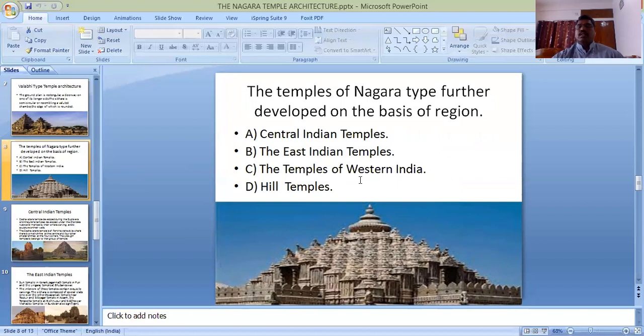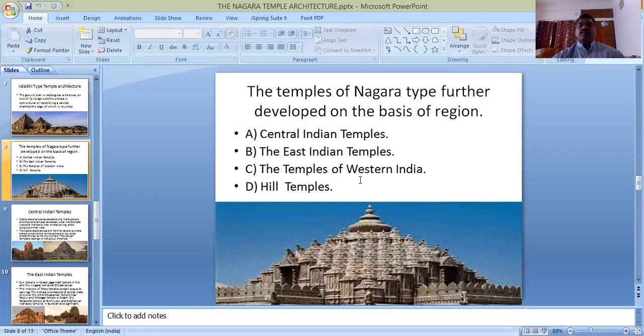That means Nagara temple types also developed on the basis of region, which I have mentioned here: the Central Indian temples, the East Indian temples, the temples of Western India, and hill temples.